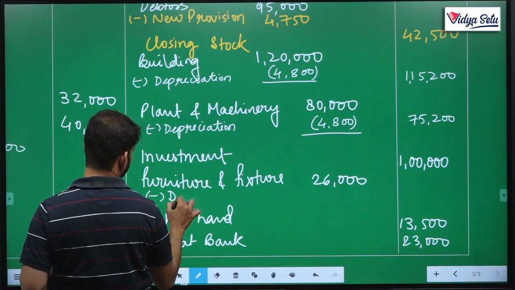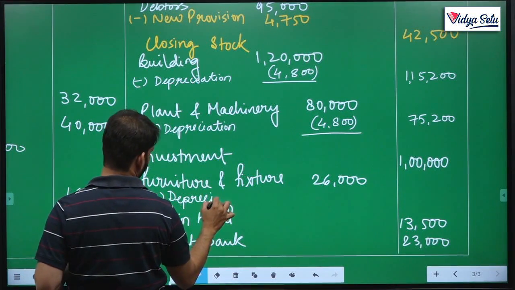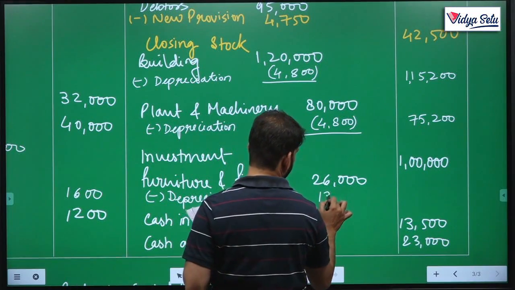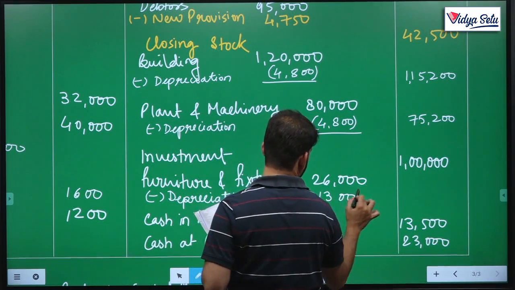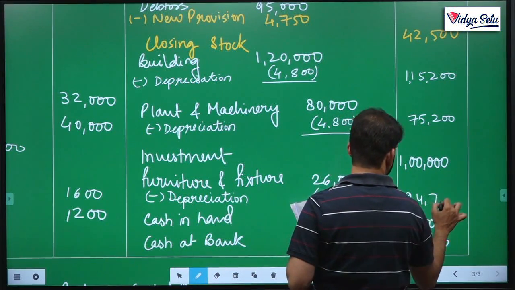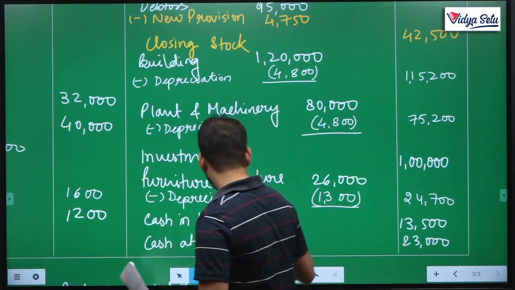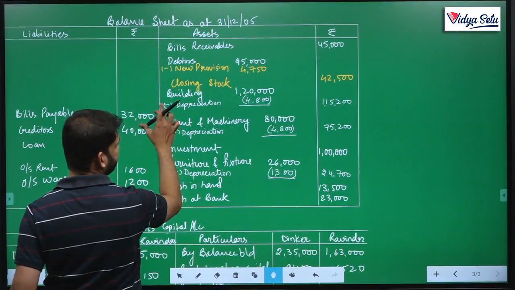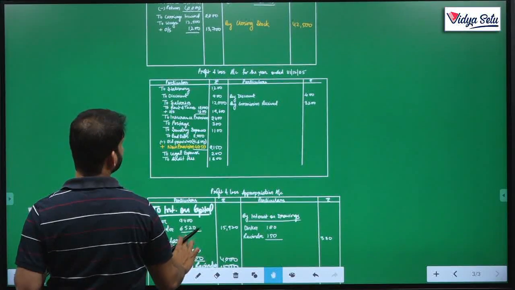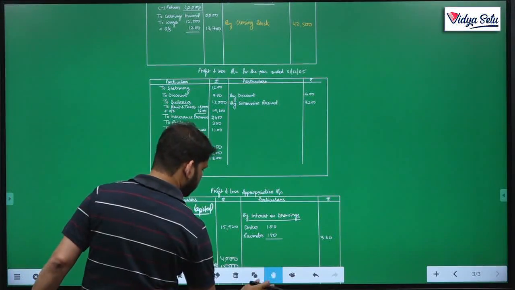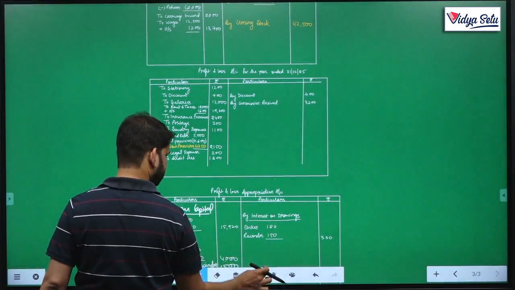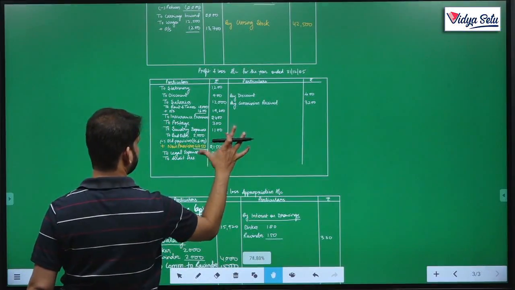And furniture fixture also 5%. So that comes to 1300. So 24,700. We will post all these in the respective P&L. We don't have space for this. Okay, no problem. We will make some space.